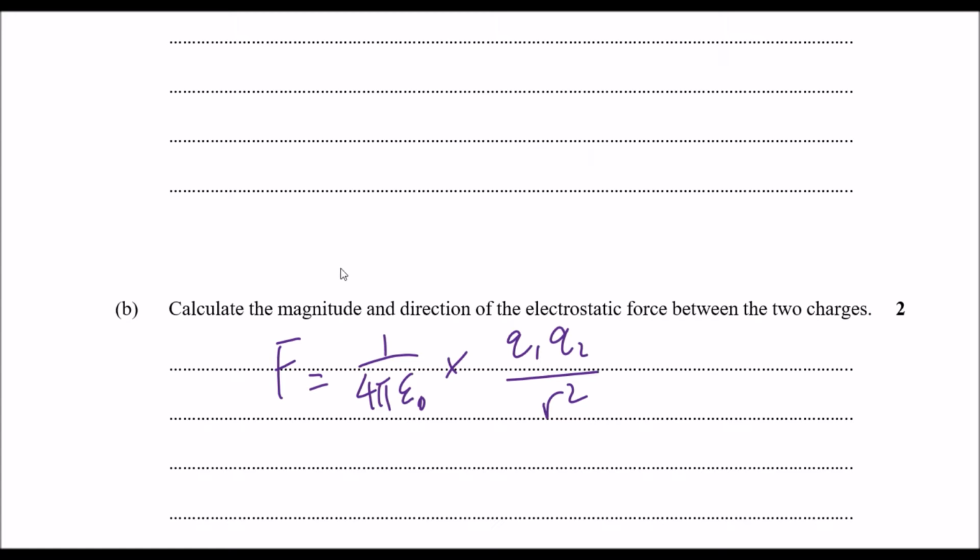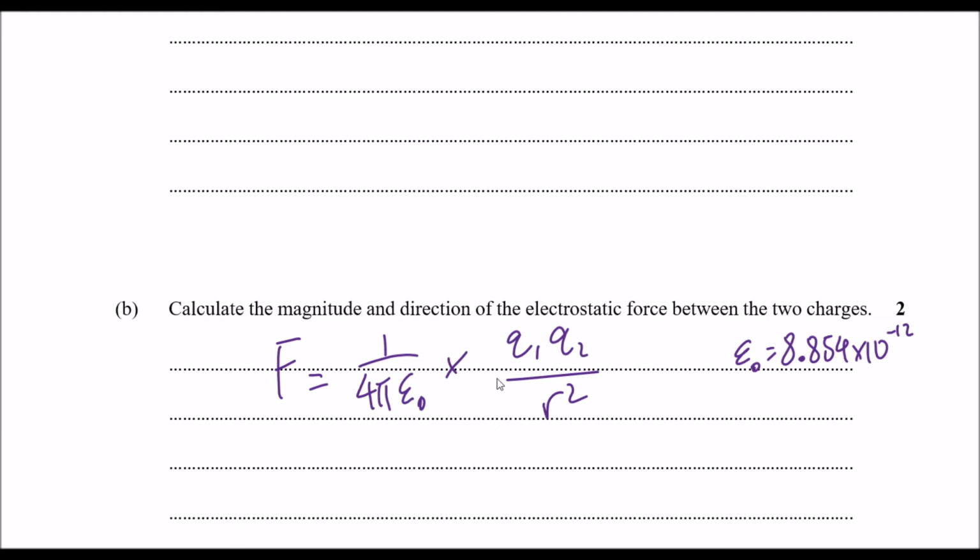Epsilon naught here is a constant, and that is 8.854 times 10 to the power negative 12. All these other ones you can actually just work out from the diagram that we have.